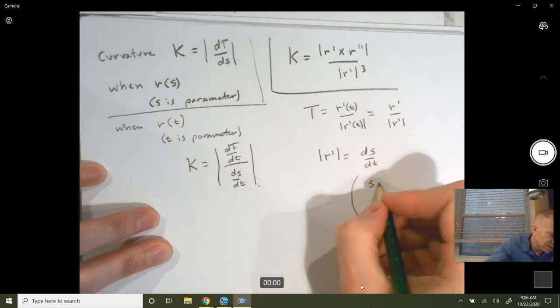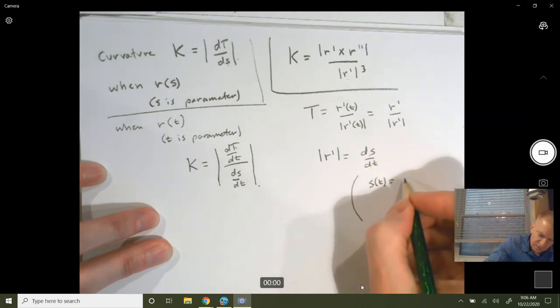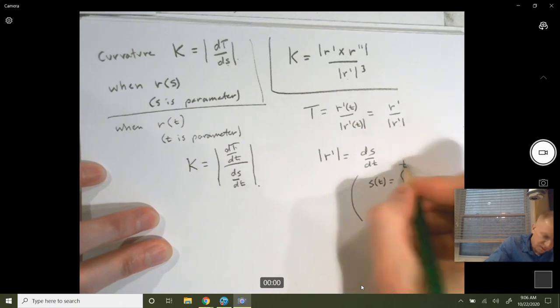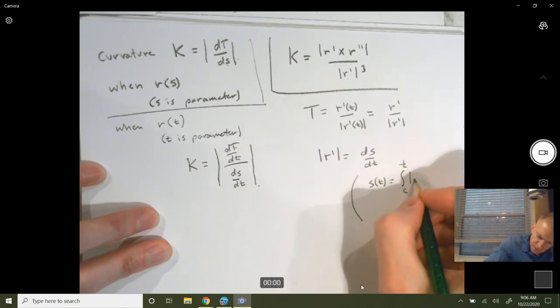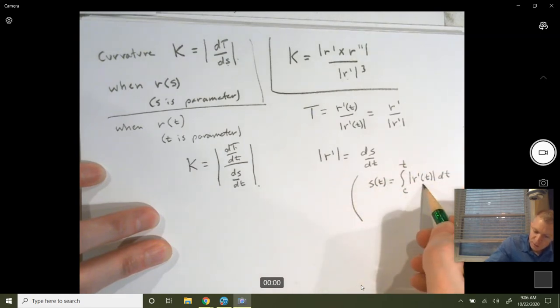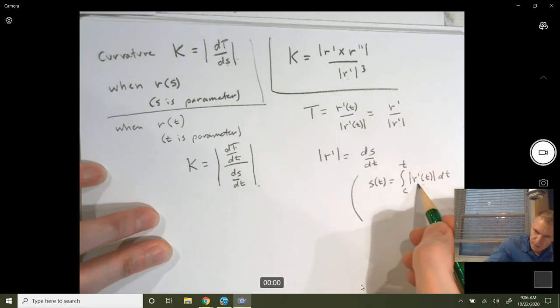s as a function of t is defined as the length of the curve from any constant to t of the magnitude of r prime of t dt. Remember, the magnitude of r prime of t is the square root of dx/dt squared plus dy/dt squared plus dz/dt squared. Okay, we abbreviate it this way.